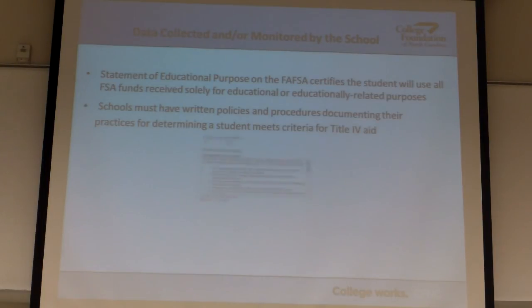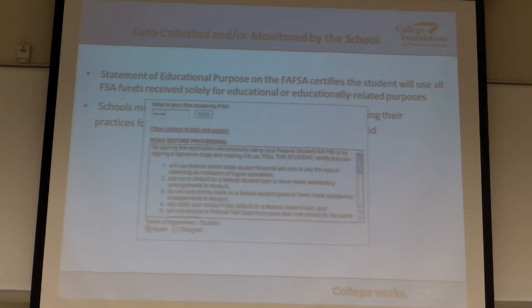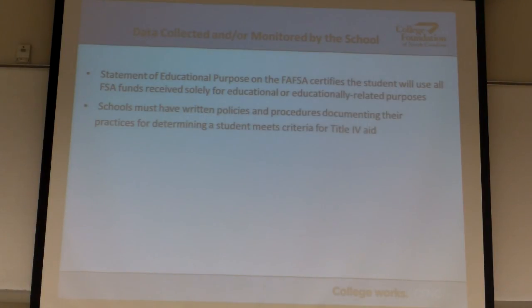Once again, there's that FAFSA pinky swear about the statement of educational purpose, certifying the student will be using all of their financial aid for school type expenses. And schools have to have written policies and procedures documenting how they collect and monitor that data and make sure the student meets and maintains Title IV eligibility.